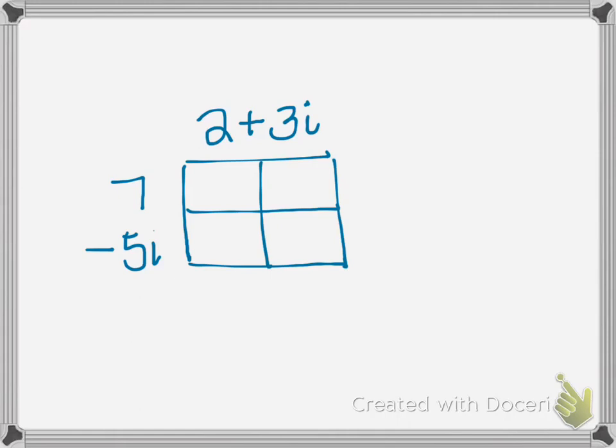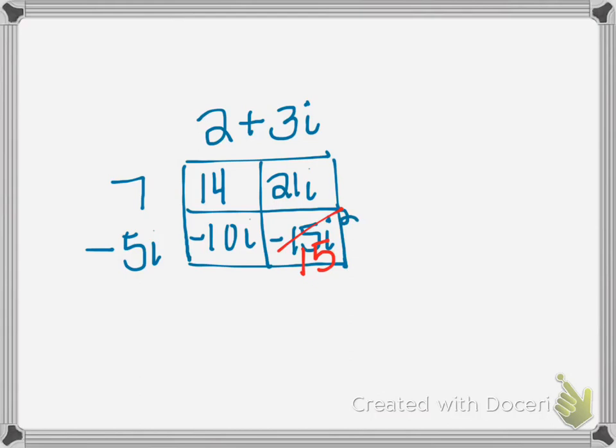So 7 times 2, that's 14. 7 times 3i is 21i. Negative 5i times 2 is negative 10i. And then negative 5i times 3i is negative 15i squared. We know that we're going to turn this into a real number part by substituting a negative 1 for i squared, which makes this into 15.